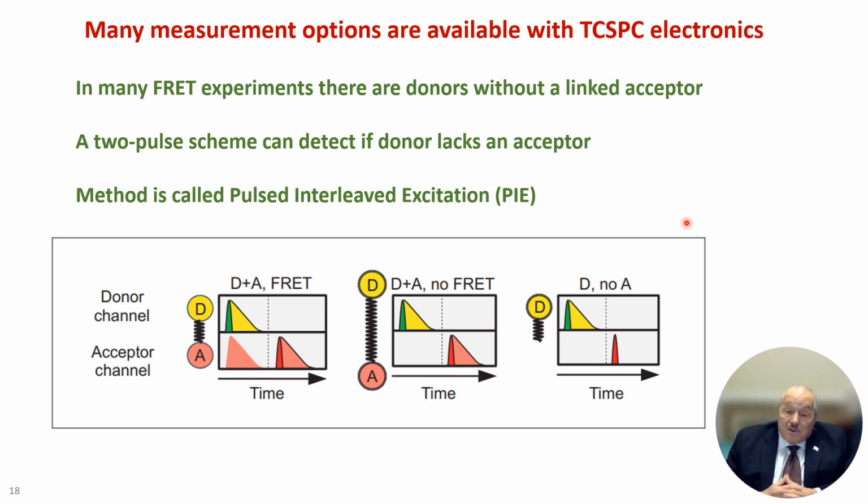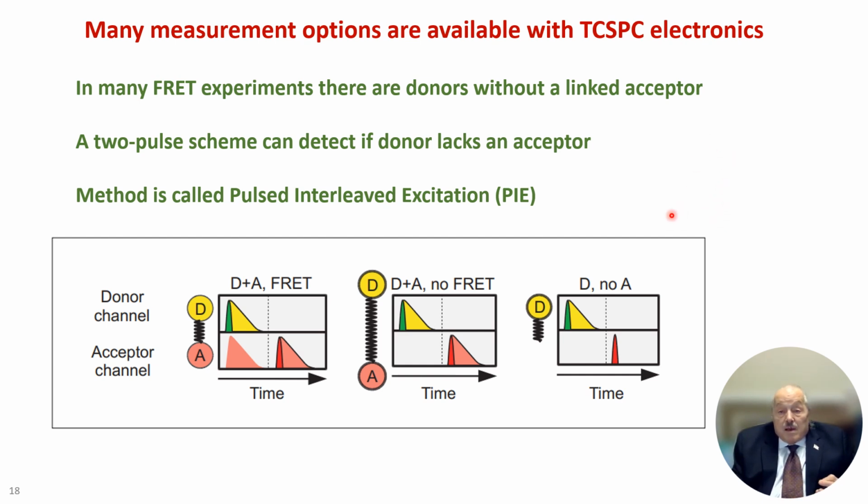We couldn't figure out what was going on. And we finally figured out that we did not have pure DA pairs, donor-acceptor pairs in the samples, but rather we had some amount of donors that lacked an acceptor. So this really confused us for a while, and we had to purify up the samples.